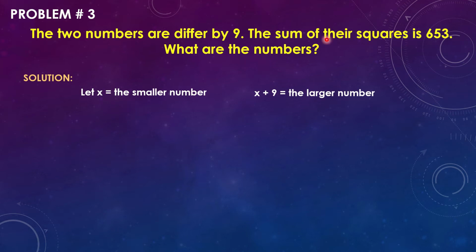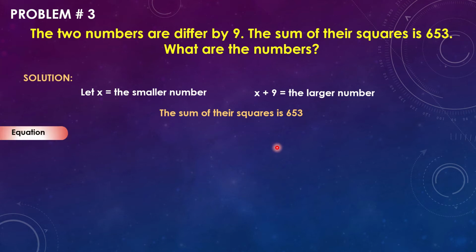It says here in our second given that the sum of their squares is 653. So meaning we will find the square of x and the square of x plus 9 to find the two numbers. So with that, our equation will be x squared plus the square of x plus 9, which will be equal to 653 according to the given.